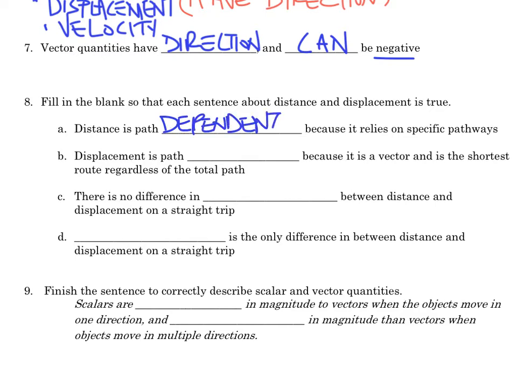And displacement is always in relation to where you started. So it doesn't matter how many different pathways you take. It's always just more important where you end, because the displacement is how far are you from where you started. So we would say our displacement is path independent.